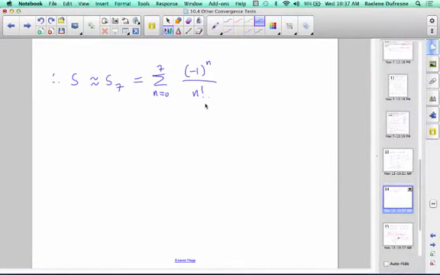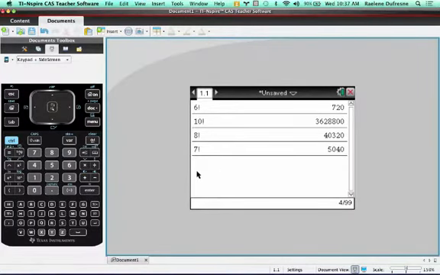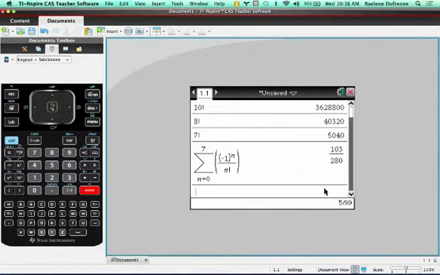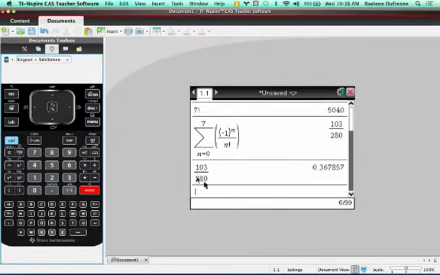And so we can use a calculator to work this out. And we can approximate that to a decimal if we want, but there's no problem leaving it as a fraction, which is tidier and exact. So we'll put this in the lecture notes.